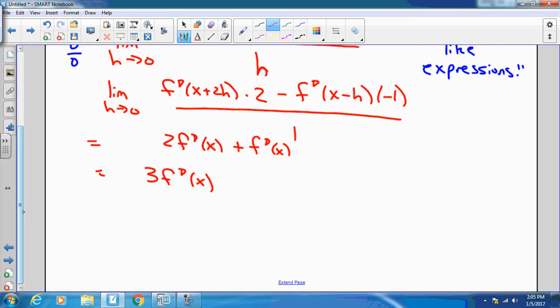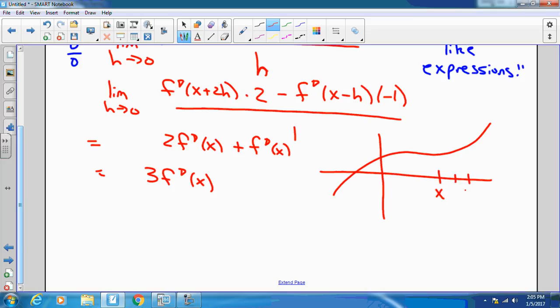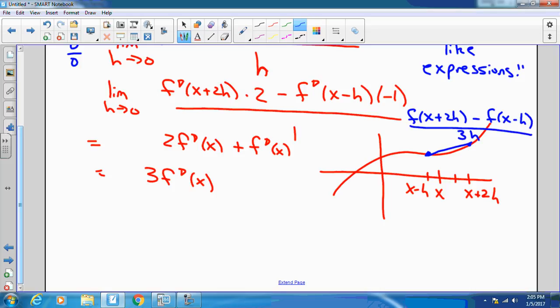Now we could have evaluated this derivative-like expression in a slightly different way. What we could have done was to consider some function f and go out 2 h's here and 1 h right there, and take the difference quotient. The slope of this line is f of x plus 2h minus f of x minus h all over 3h.